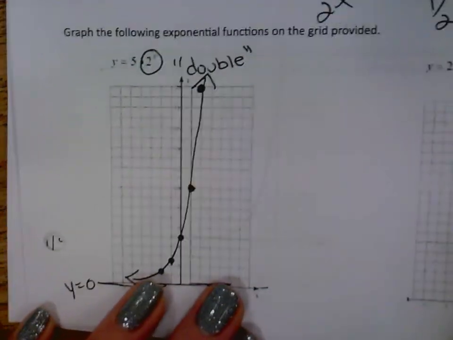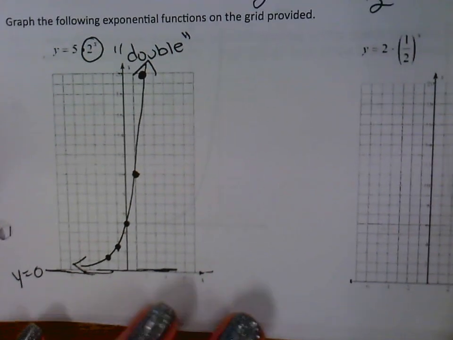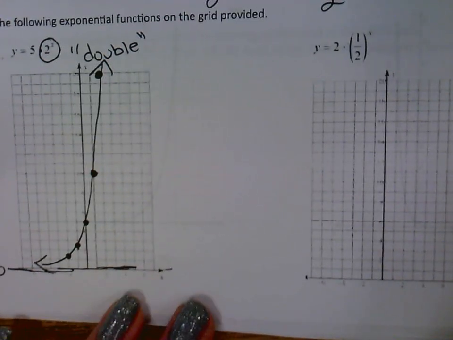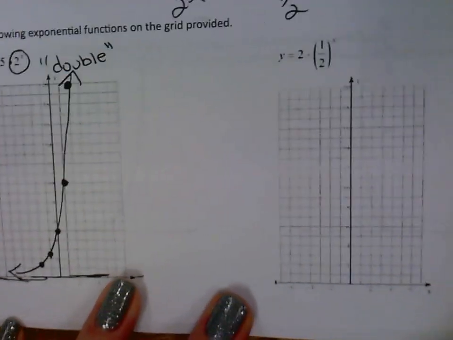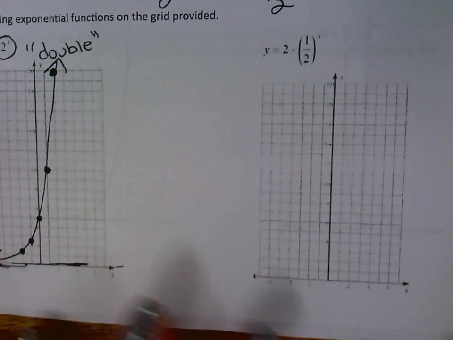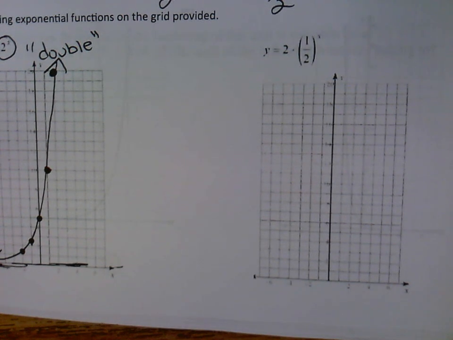You try the second one now. Think about where your y-intercept will go and think about what you should do each time. I'll give you like 30 seconds to plan it out. I want to put this one up and then we're probably going to lunch. Think about your y-intercept. Where should you start the graph? And what is happening? Each day, if you lost half your money, I don't think you'd be very happy, right?